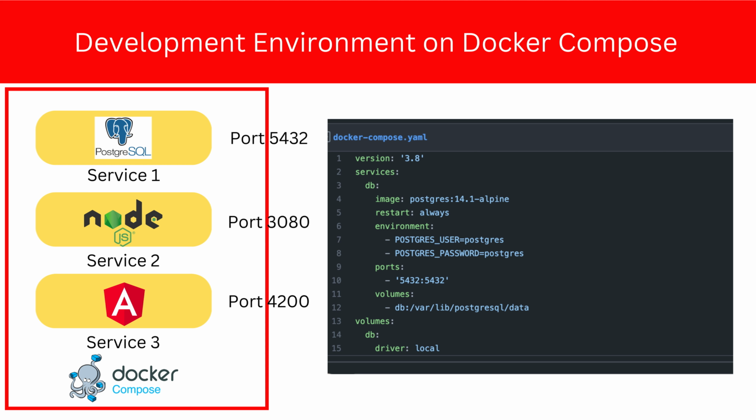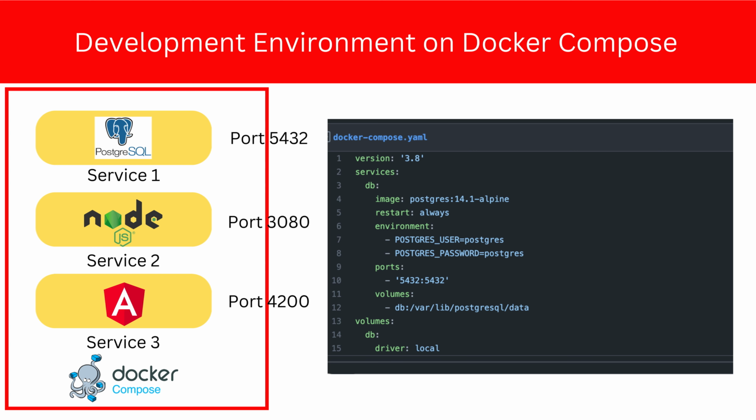We are also defining environment variables, and the ports 5432 to 5432, mapping the internal port to the external port, and we have volumes here. There is a completely different section to explain all these in detail, but don't worry about it for now. All we need to know is that there is a Docker Compose file.